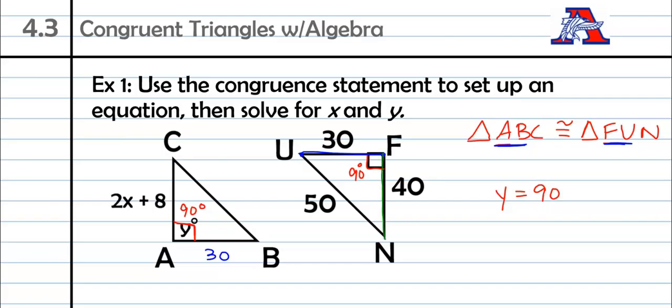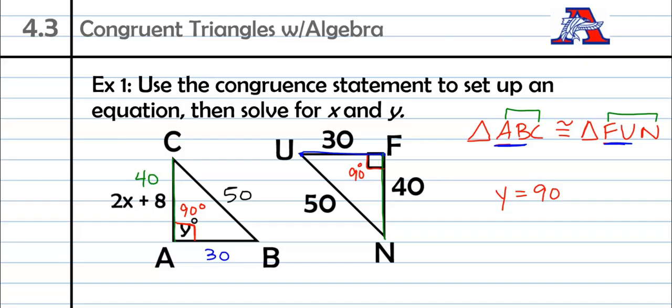FN is 40. FN is the first and last. AC is the first and last. So AC has to be 40. All right. And then that long side, the hypotenuse, is 50 on triangle FUN. So it has to be 50 on triangle ABC.